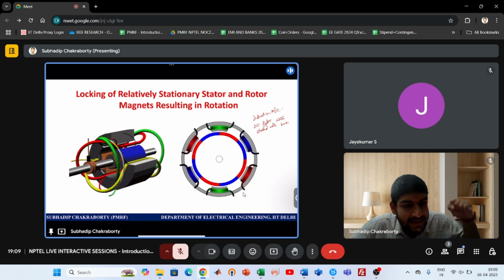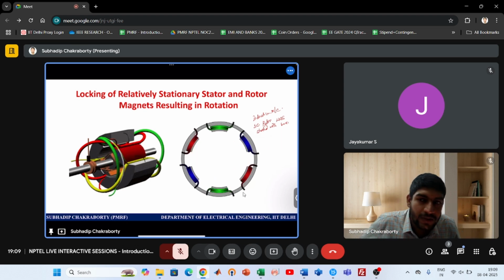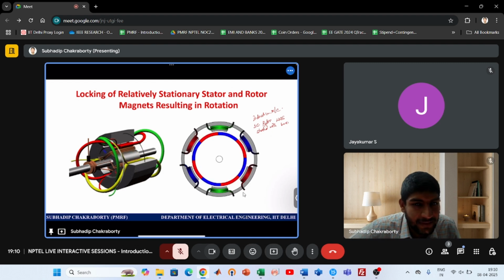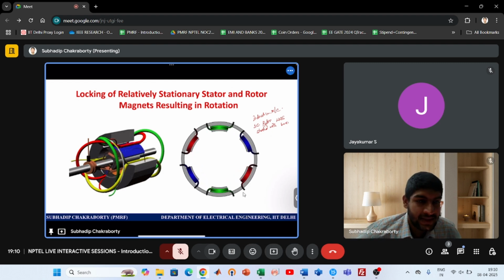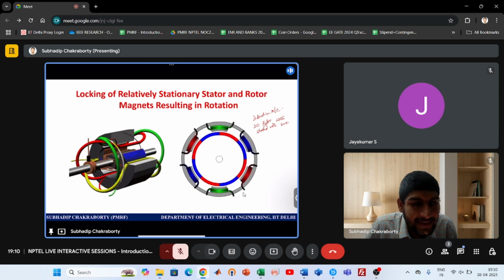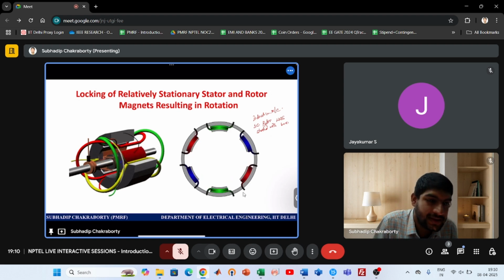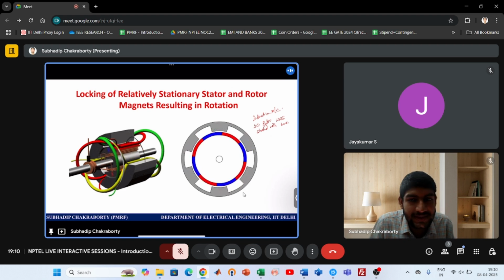Or you rotate it over the synchronous speed and it will behave as an induction generator. So the whole purpose was the slip, which was responsible for the generation of EMF and currents in the rotor, which created a rotating magnet in the rotor also, rotating with respect to the stator with synchronous speed. So that's how we created it for the induction machine.